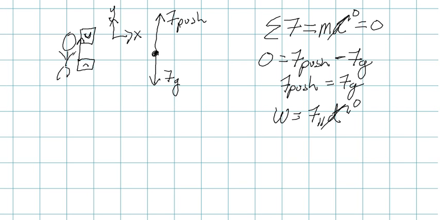So let's look at the work being done. The work being done by the man pushing up, so the work is going to equal force parallel times distance. It's going to equal the force of the push times our distance, which we said equals 1. So it's just going to be the force of the push.